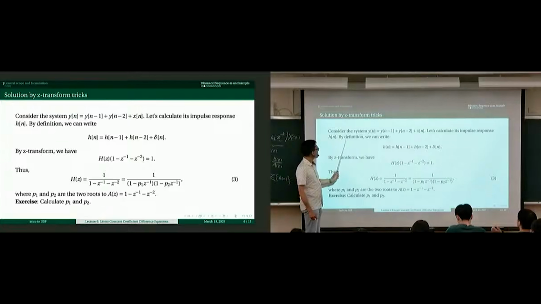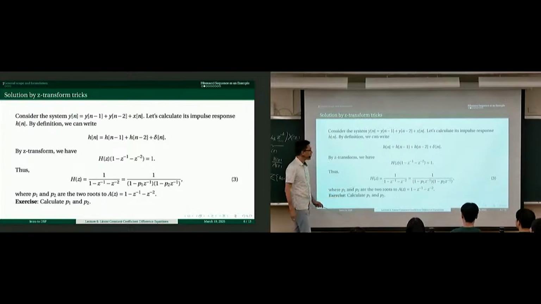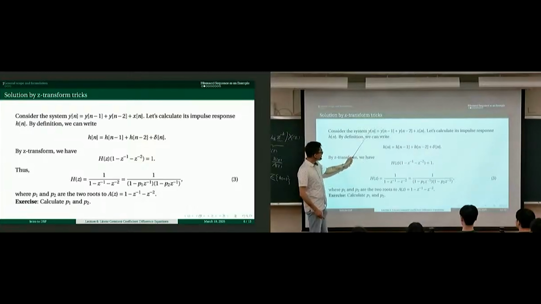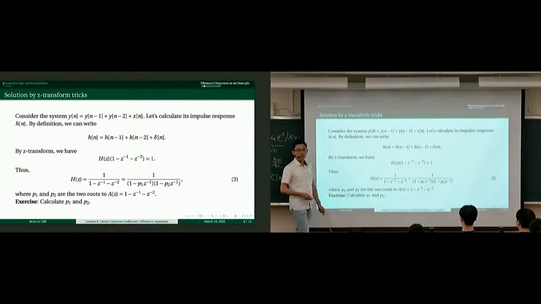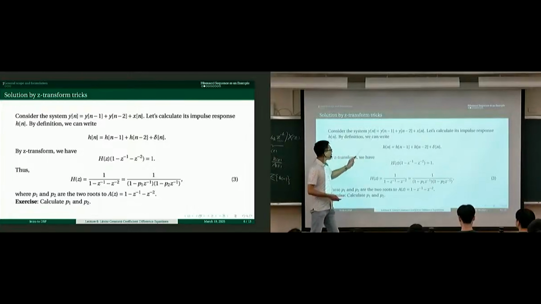So just by definition, if H denotes the impulse response, then this is what's happening when the system receives delta as our input. The response should obey the original equation, with H being the output, delta being the input, right? So when the input is delta, the output is H. Right? So far, so good?